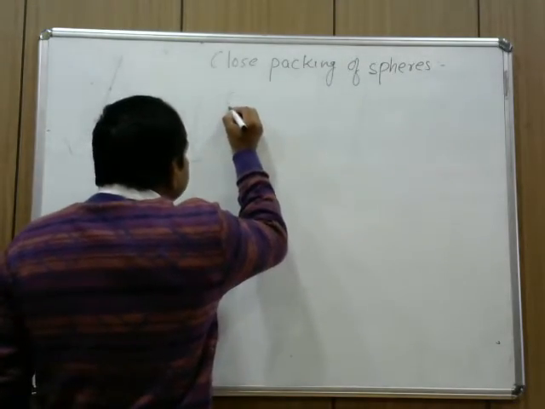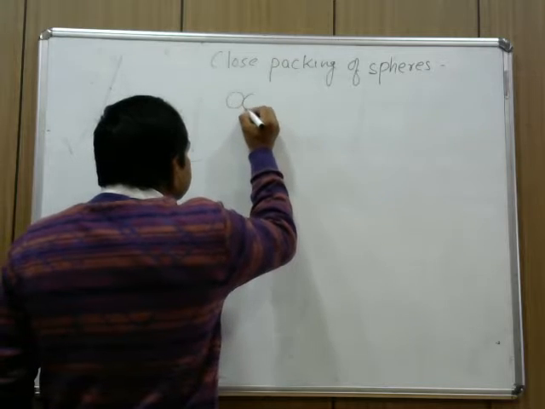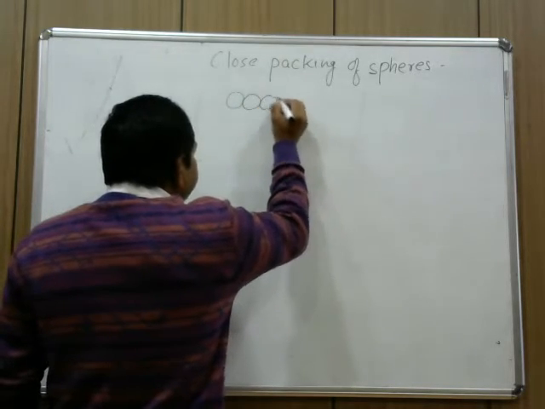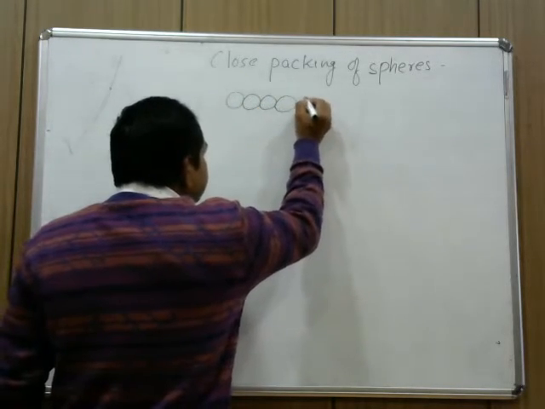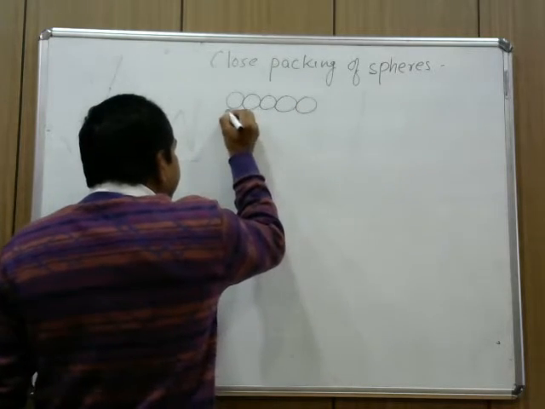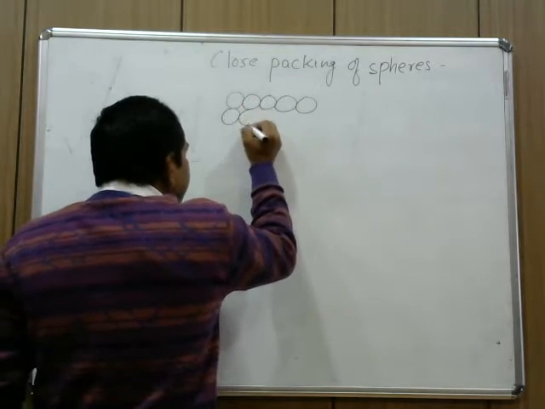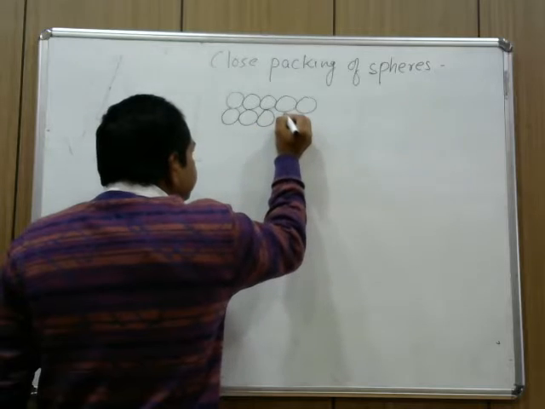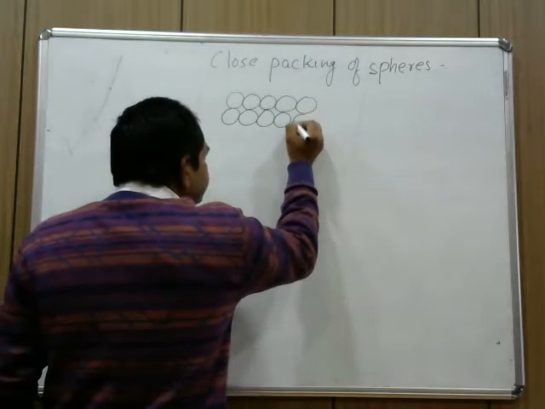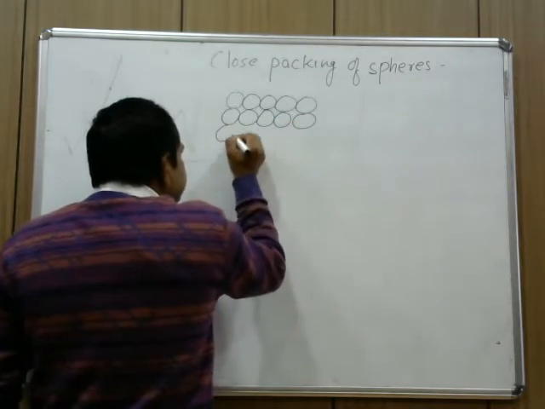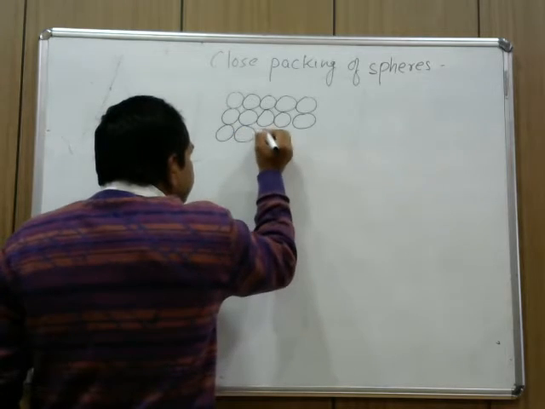Now in square close packing, these are the first row spheres, these are the second row spheres, and this is the third row.